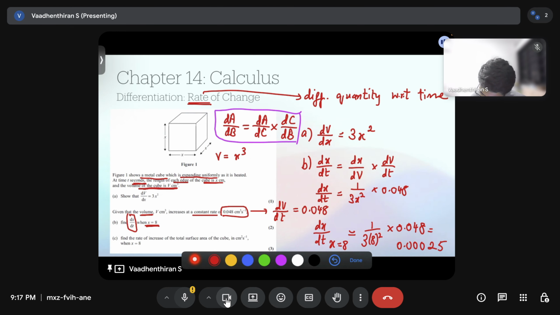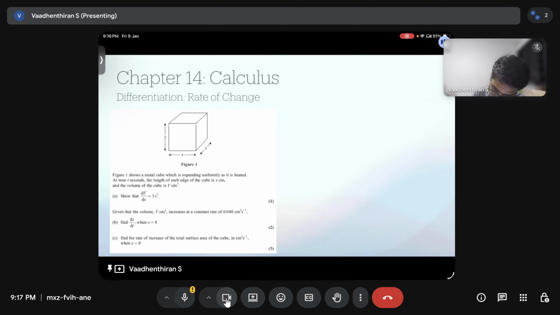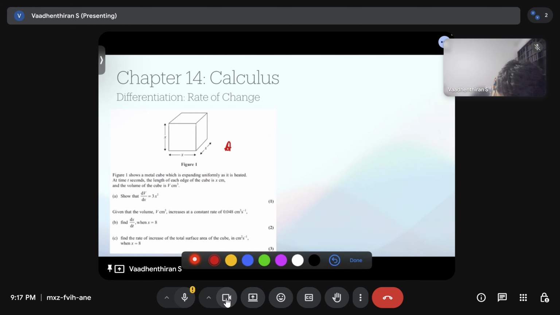Now we will move on to part C. Find the rate of increase of the total surface area when x is equal to 8. For any cube, the total surface area is x squared times 6 faces, so 6x squared, or 6 times the side squared.